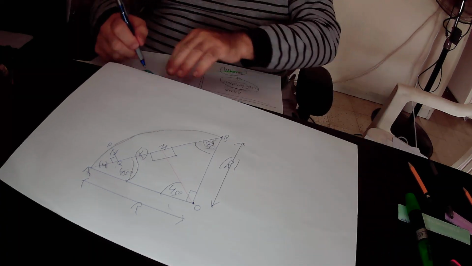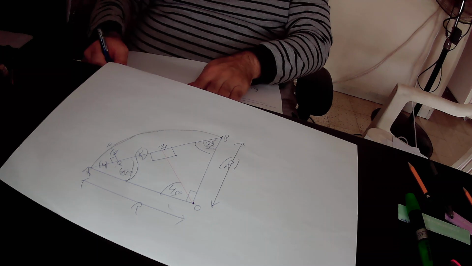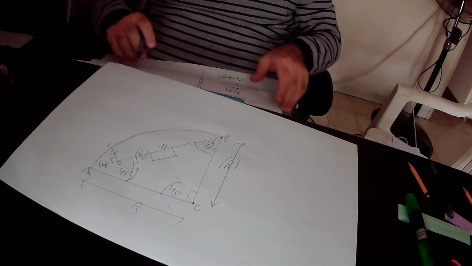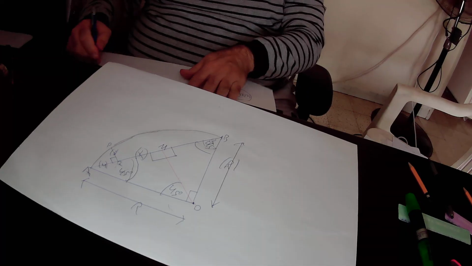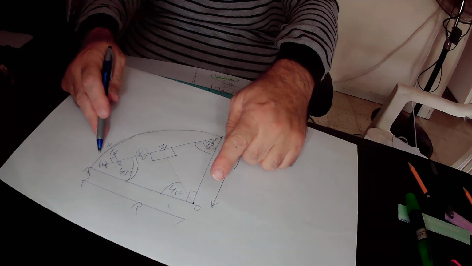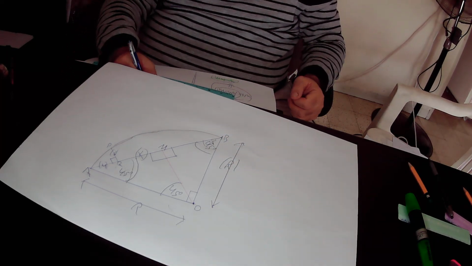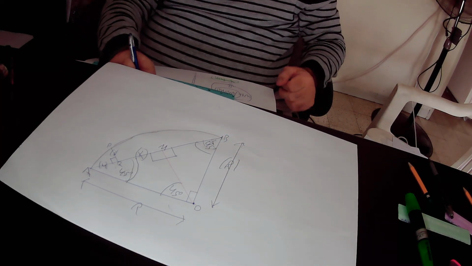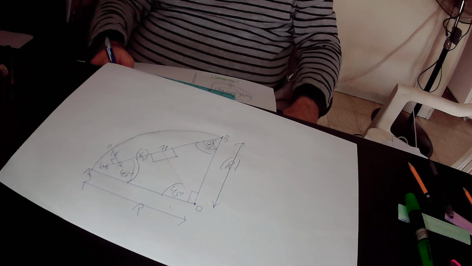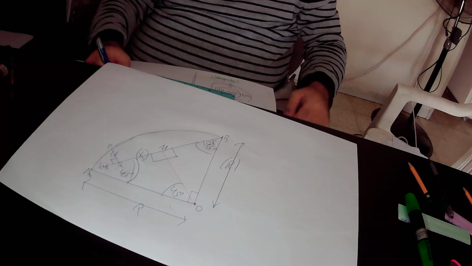So in this right triangle AMO, according to the Pythagoras theorem, AO squared, this is the square of the hypotenuse, must be equal to AM squared plus MO squared.